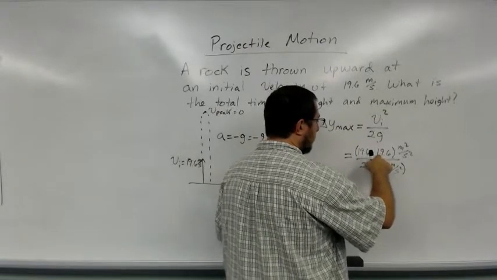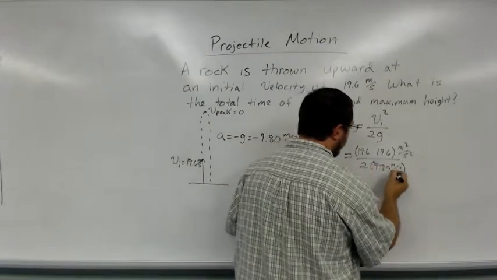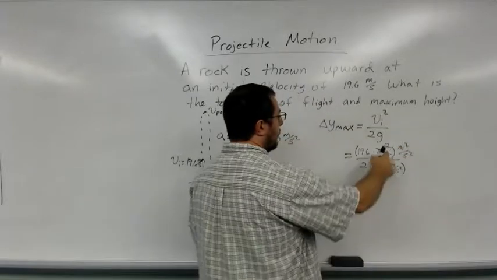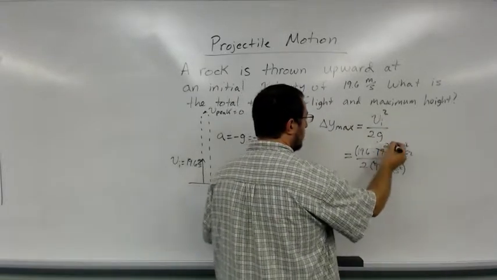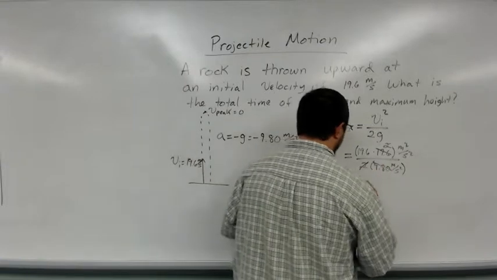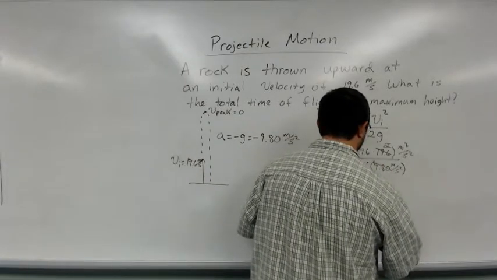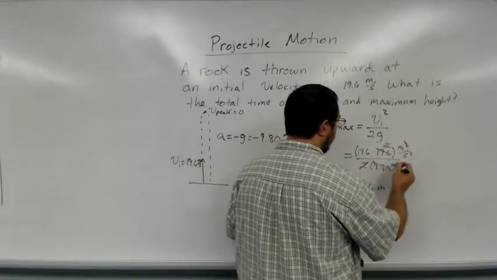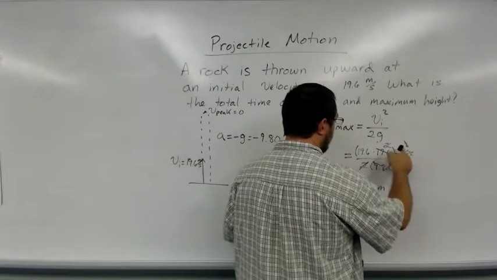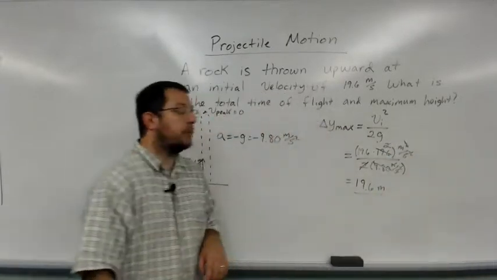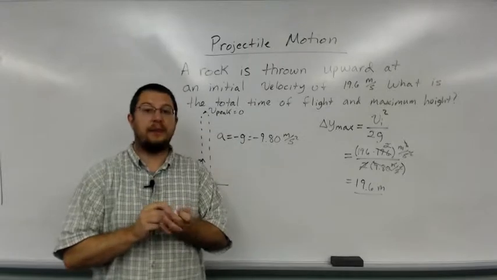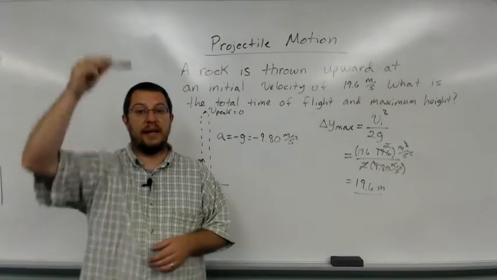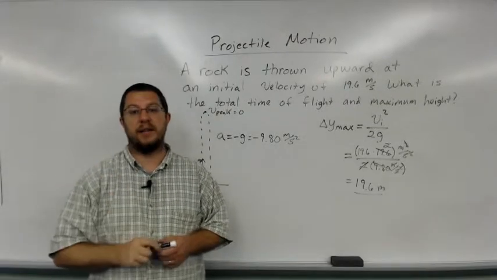So if I divide one of these 19.6s by this 9.8, then I get a 2 here. But I have a 2 and a 2, so those 2s will divide, and I'll get 19.6. When my units are done canceling out, I'll be left with meters. So this is the maximum height, 19.6. So the object travels upward 19.6 meters, and it took 2 seconds to get there, and then it'll take another 2 seconds for the object to fall back down.